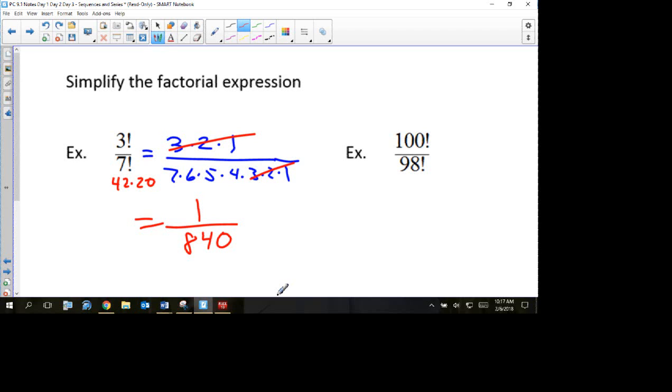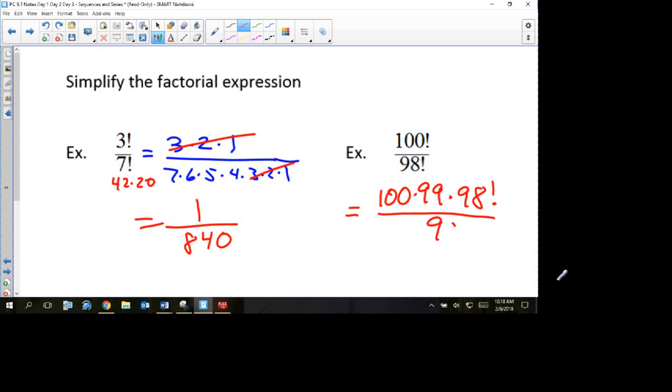All right, how about the next one? Almost 100. Everything else cancels. Okay, so I don't really need to expand the whole thing. I'm going to start expanding 100 multiplied by 99 multiplied by 98 all the way down, which is 98 factorial.